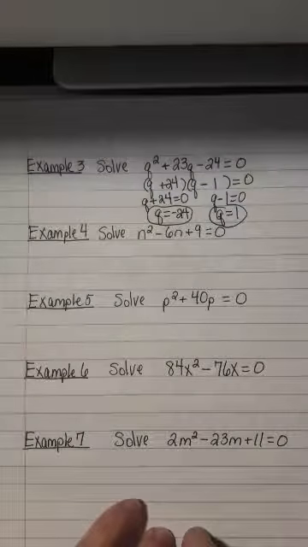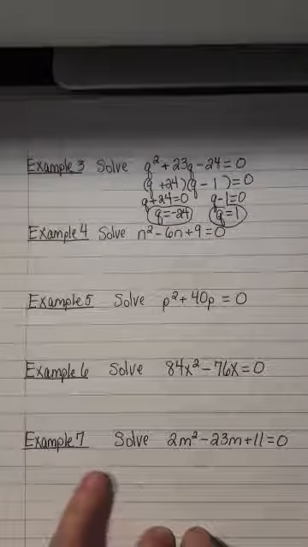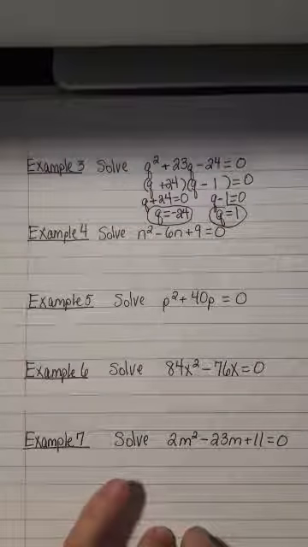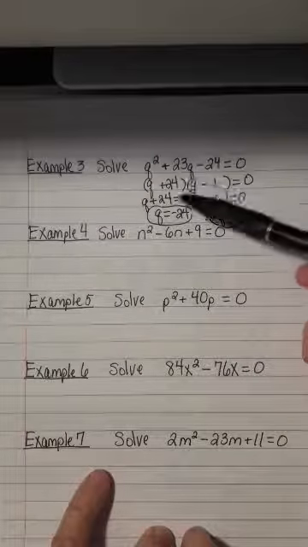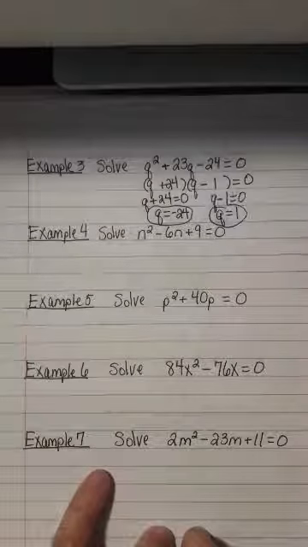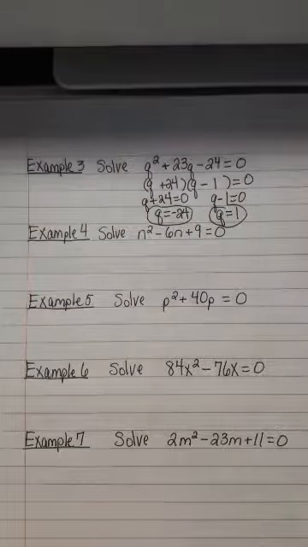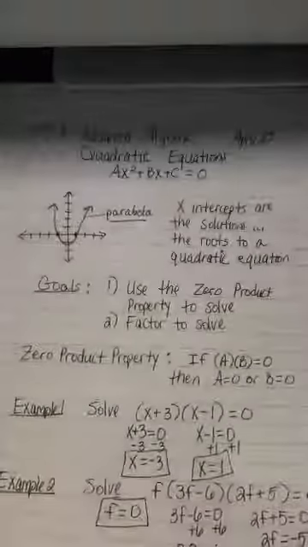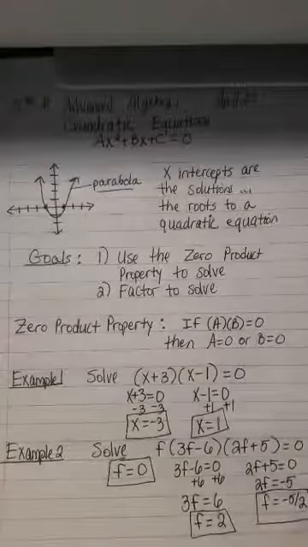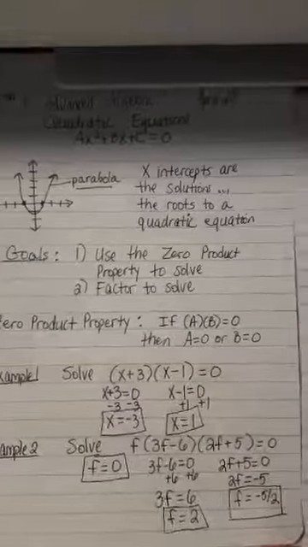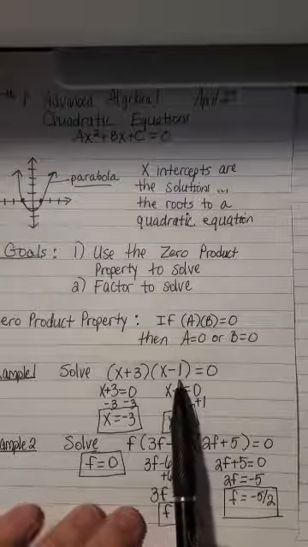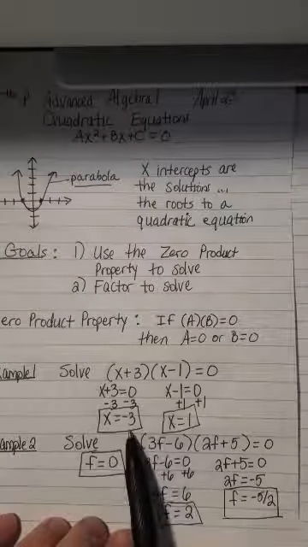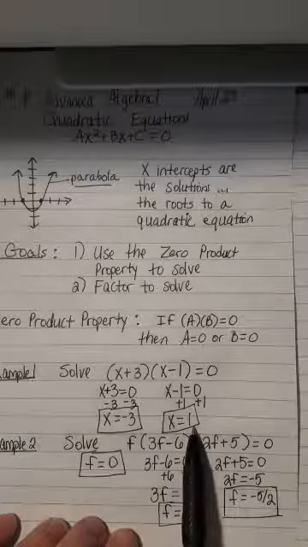All right, now before I go on, let's look back and see if you can see the shortcut way to get your two answers without showing the 1 or 2 step equation that you're solving. Let me put this back up here. If you look at this, x plus 3 times x minus 1, and then look at our final answers, -3 and +1.